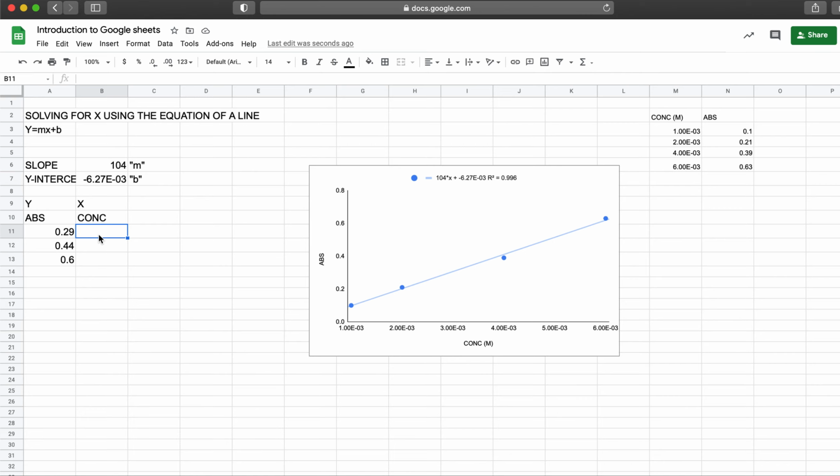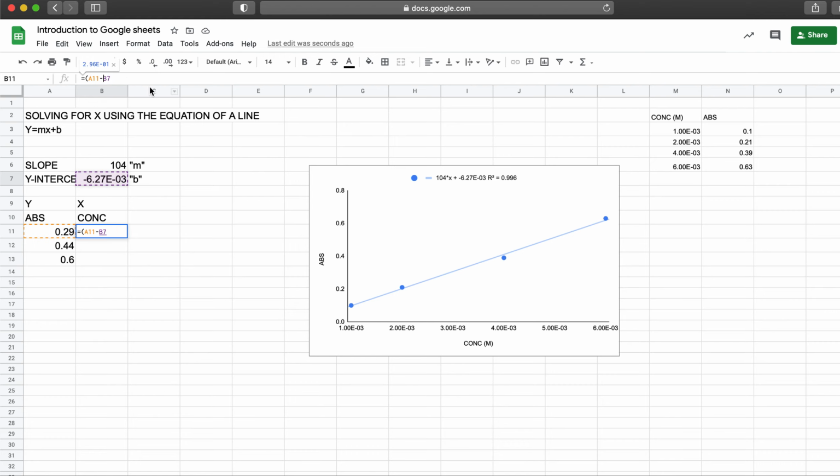So to solve for this, just like in the previous example, I'm going to type equal to, and then open parentheses, and then I'm solving for x, so I would do y minus b. And because b is a constant, for all of these calculations, b is going to be the same value.